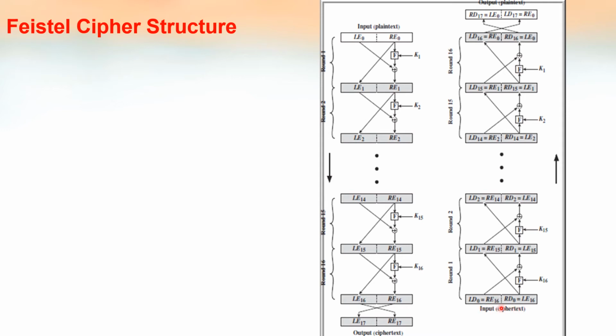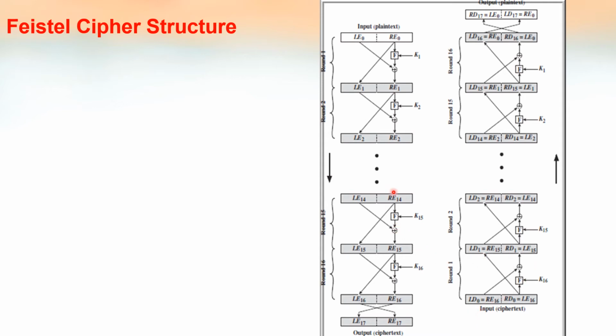This is also divided into two halves, and here also the right side is passed to the round function with the subkey in each round, and then to the XOR function. This right side directly becomes the left side of the next round, and the left side is XORed here.